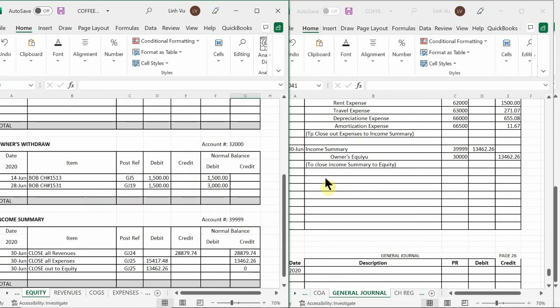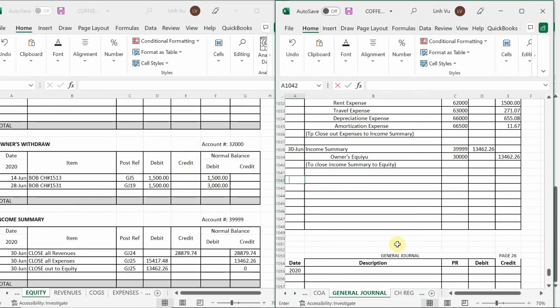Okay. Last thing we also have to do is close out everything to equity, which includes the owner's withdrawal. In this case, I have a debit balance in my owner's withdrawal, so I need to credit it out to my owner's equity.